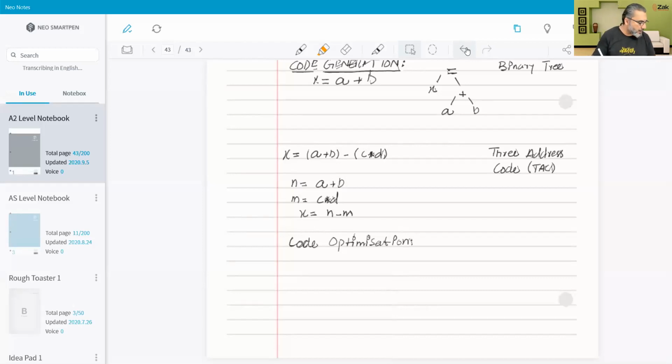At code optimization, let me show you how the original code that we write, let's say W is equal to X plus Y, changes. So what will be the object code?